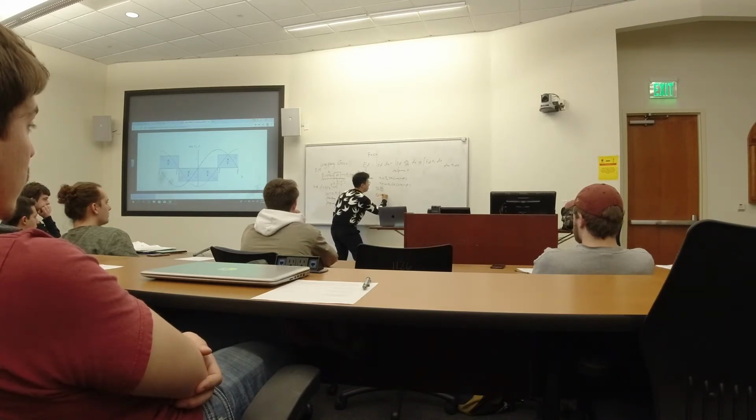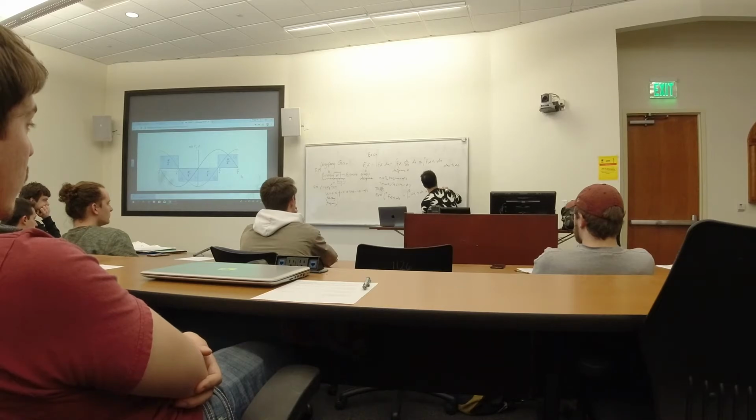D equal to integral 0 to T of Fd x dot dt, and then Fd here is c x dot, so 2 pi divided by omega, 0, c x dot times x dot dt equal to 2 pi divided by omega, 0, c x dot square dt.